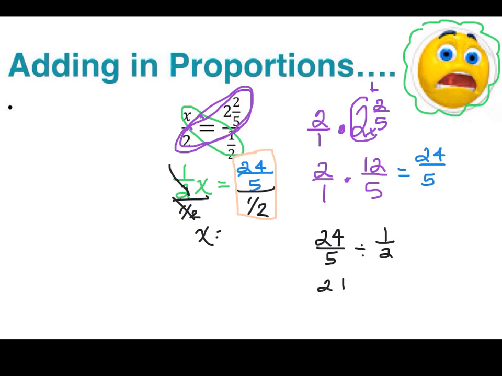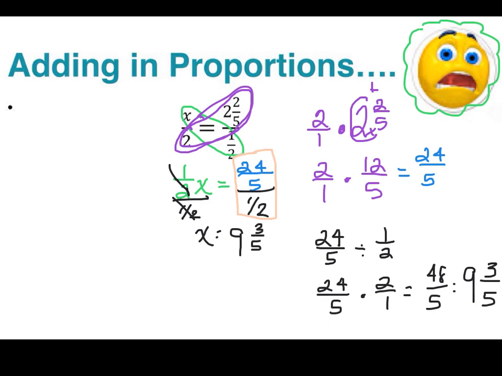Keep, change, flip, multiply straight across. We get 48 divided by 5, and I can go ahead and convert that back to a mixed number. 5 goes into 48 9 whole times. 5 times 9 is 45, so my remainder is going to be 3 over 5. So I have 9 and 3/5.